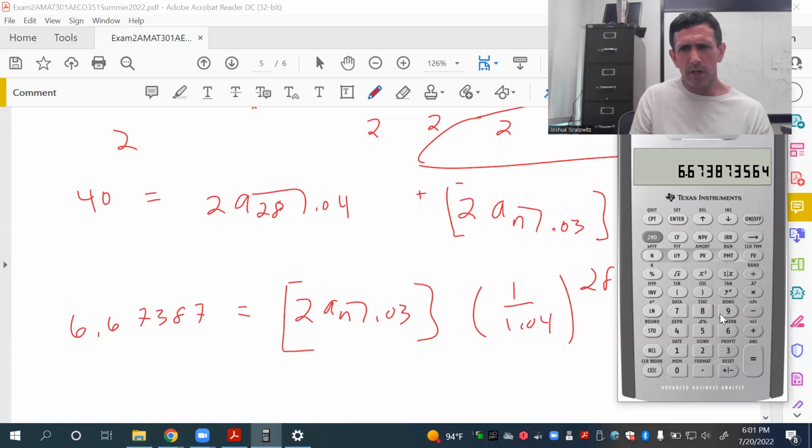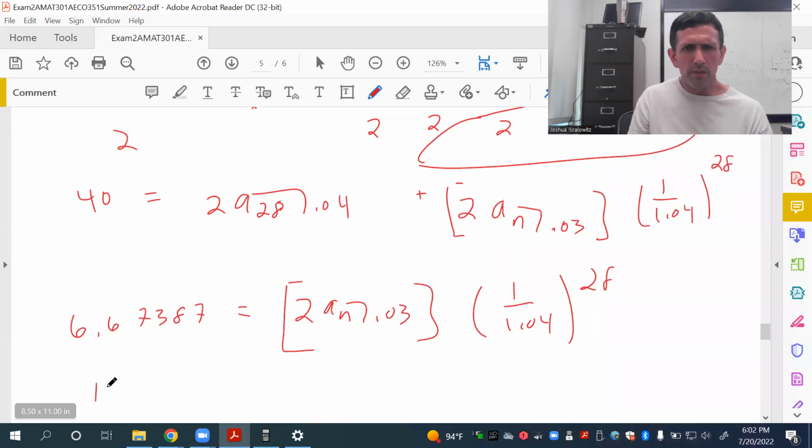So divide by 2. Sorry, I multiplied by 2 times 1.04 to the 28, and it should be about 10. It's 10.00648, which is a_n at 3%.